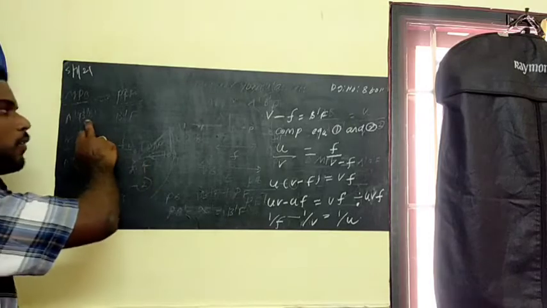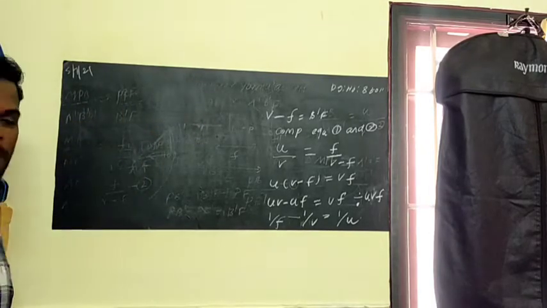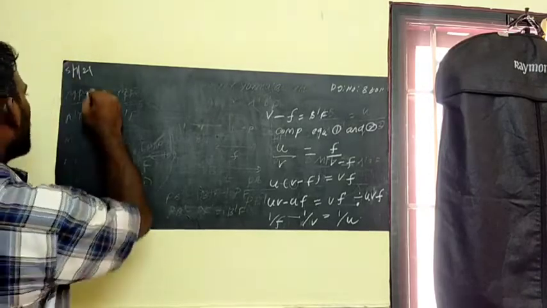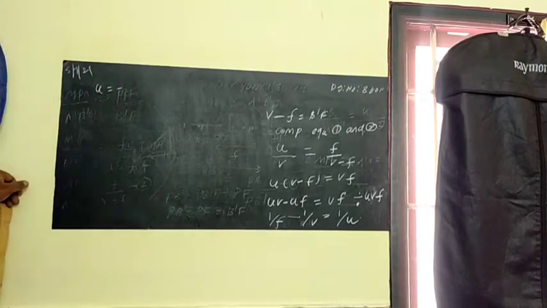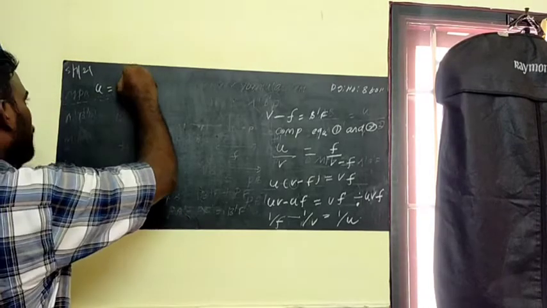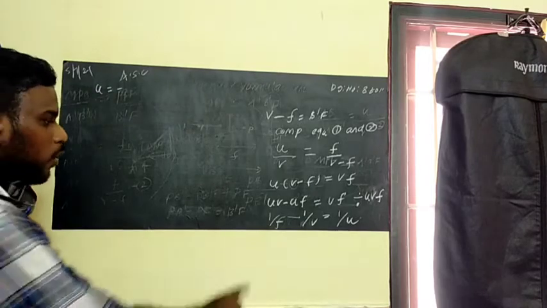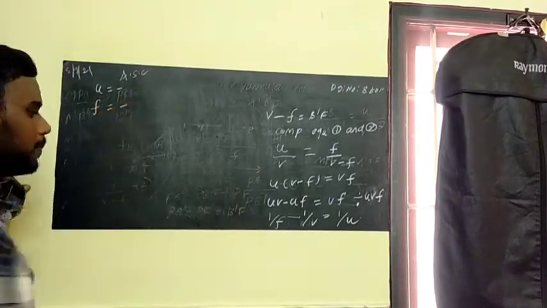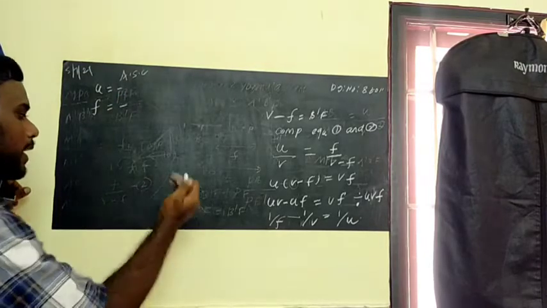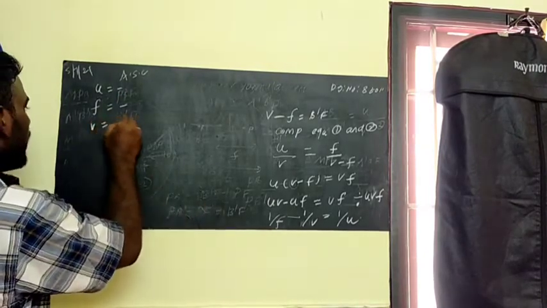So according to sign convention, the u value is minus. Then what is my f? F is also in the left side, so f is also minus. Then what is my v? The reflected rays are meeting only in the left side, so v is also minus.